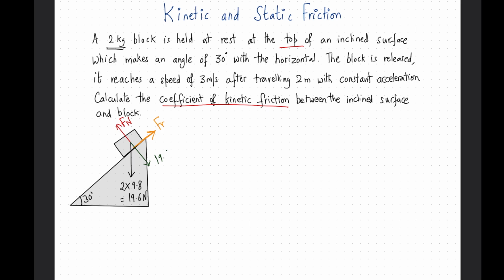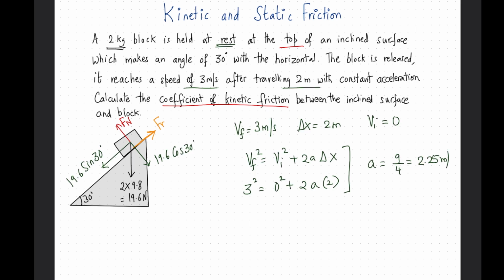We can use this to find the acceleration of the block. So Vf square is equal to Vi square plus 2a delta x using kinematic equations. So 3 square equals 0 square plus 2 times acceleration multiplied by 2. And this is going to give us the value for acceleration as 9/4, which is equal to 2.25 meter per second square.